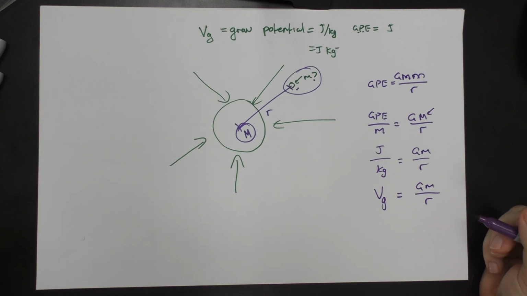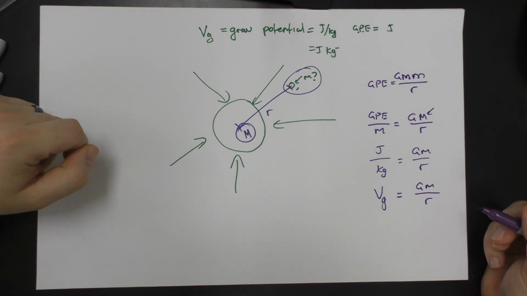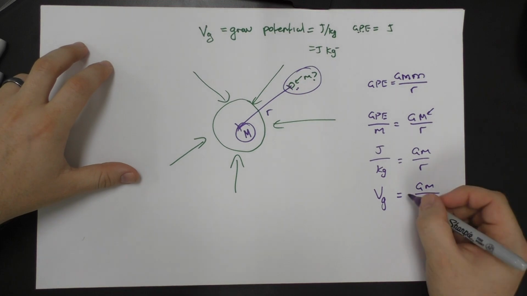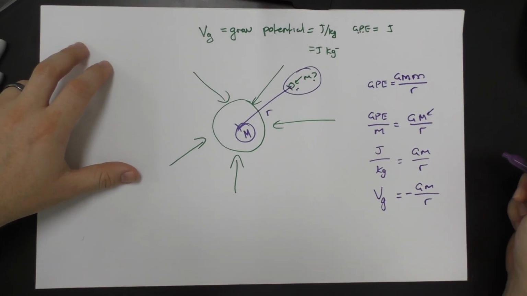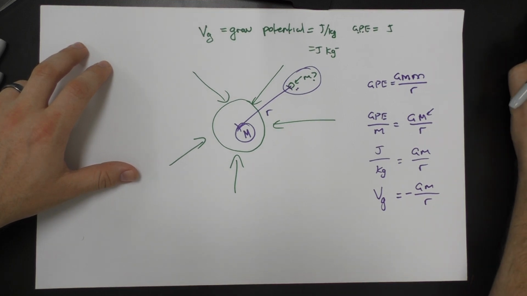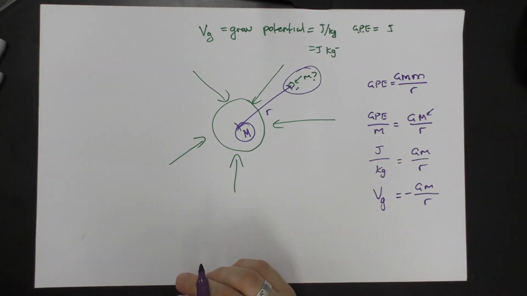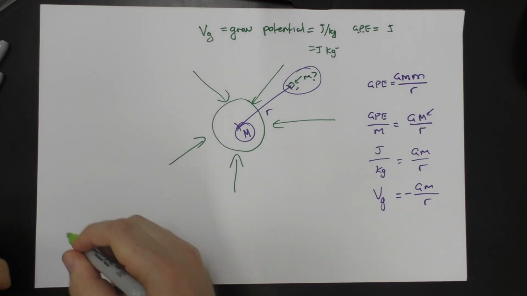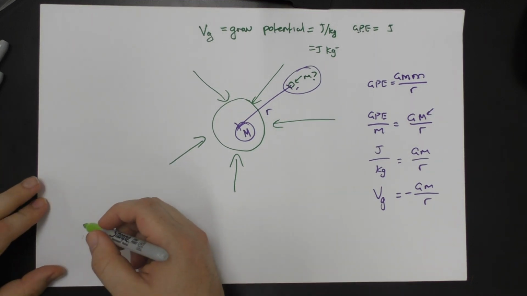Now, those of you who have a data sheet will be very observant and go, wait a minute, there's a negative sign in there. Where does that negative sign come from? Well, the negative sign comes from a very specific idea that you need to ask yourself a series of questions, and I'll ask you those questions here. So I'm going to do it in a slightly different diagram down on the bottom over here.